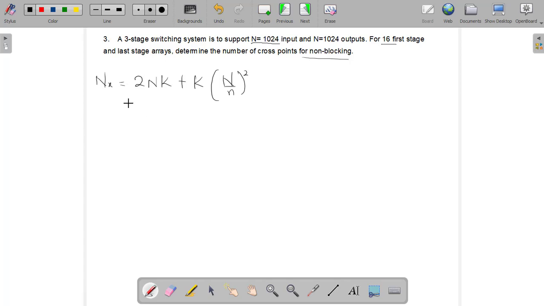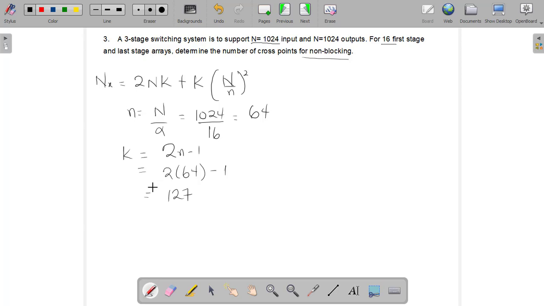Now from this problem, our small n is given by capital N divided by alpha. Since capital N is 1024 and alpha is 16, our small n is going to be 64. Then our K is given by the expression 2 times n minus 1. So we have 2 times 64 minus 1, which gives us 127.